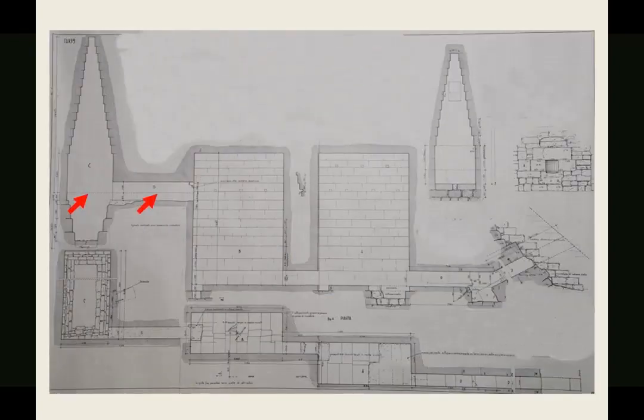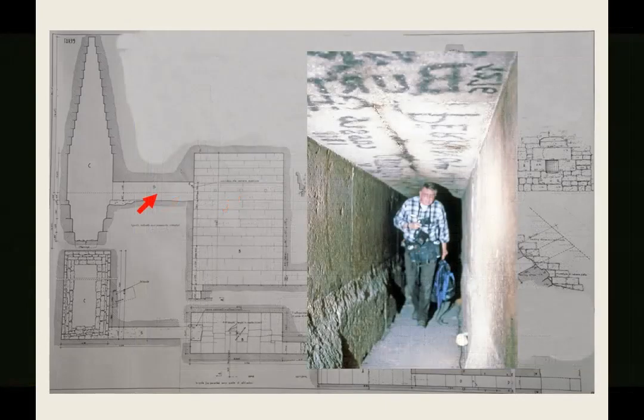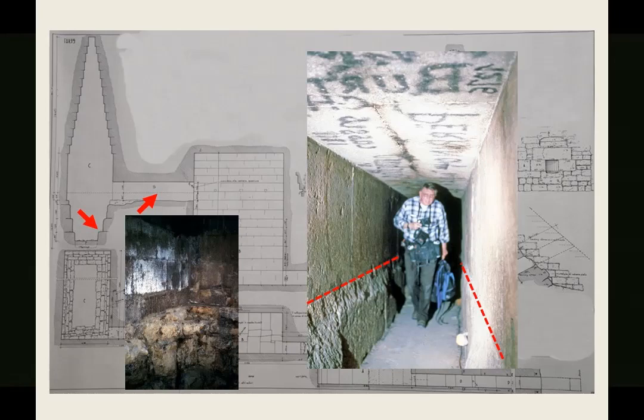An interesting thing about this pyramid is right here you can see the original floor for this passageway and this chamber. If you go into this passageway, we have pictures of my dad standing upright in this passageway. He's a tall man. The floor of this passageway was dug out, and the floor of this chamber was dug out, and it's damaged.